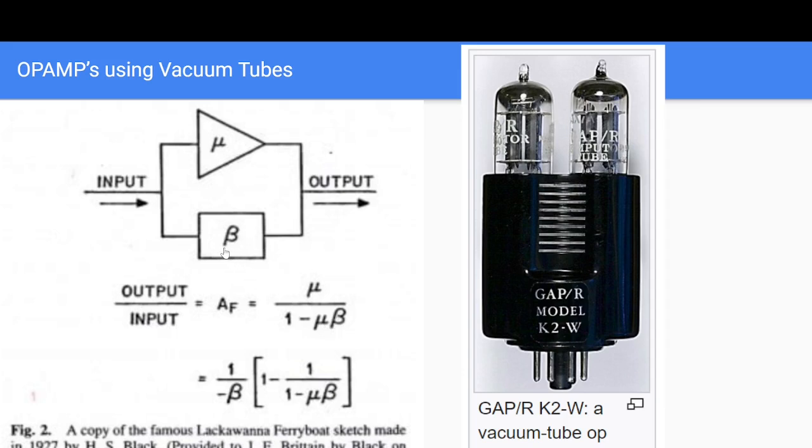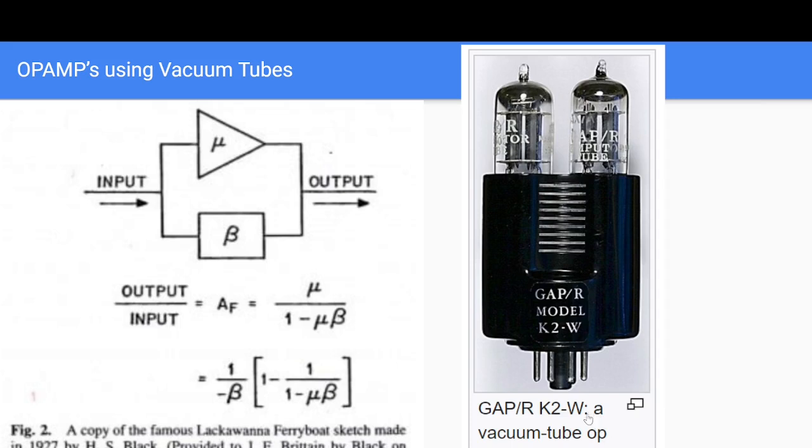We will learn how it works, but I'm just talking from a historical perspective, with the sketch made in 27 and provided to this gentleman in 77. Just a basic historical perspective of operational amplifiers using vacuum tubes.